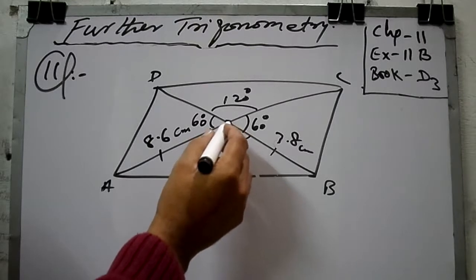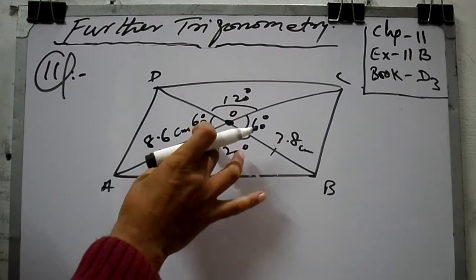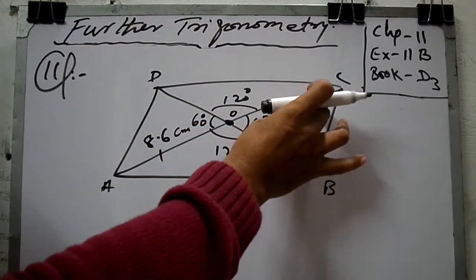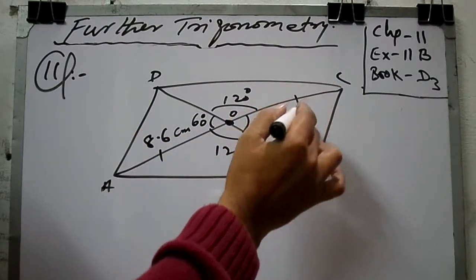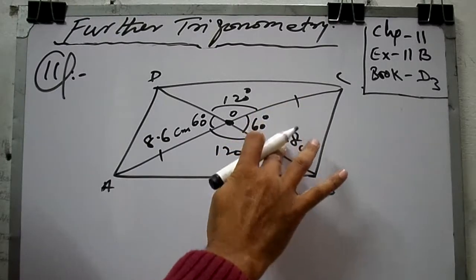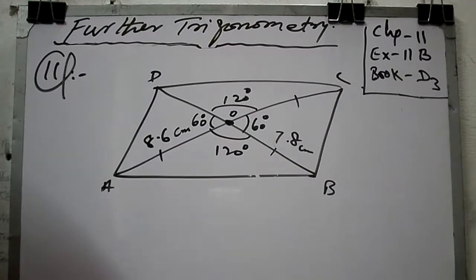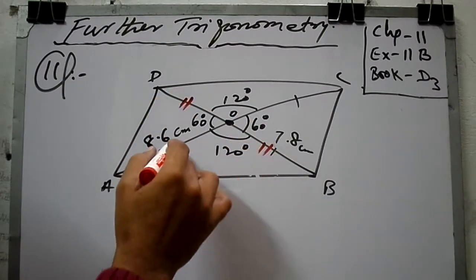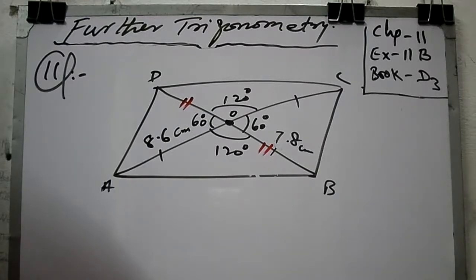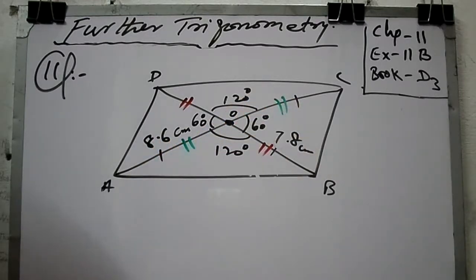The diagonals intersect each other at point O. So diagonals bisect each other. If it is 8.6, so it will also be 8.6. If it is 7.8, so that will also be 7.8. So these portions are equal in length.